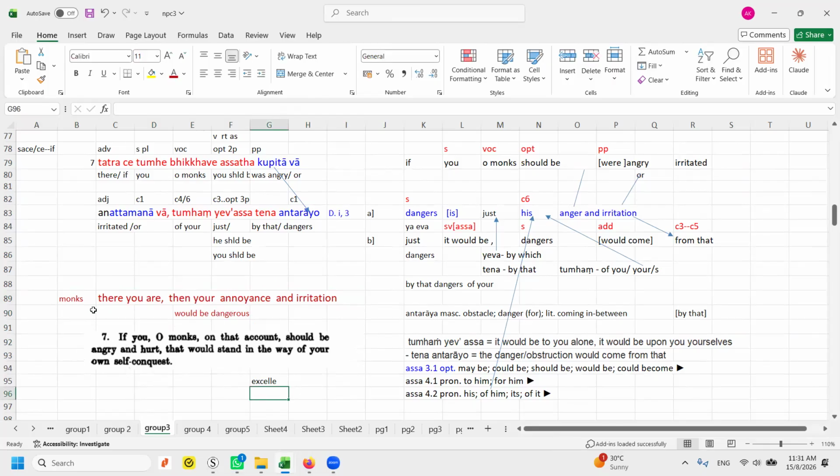If we do this it is even easier because you are talking about Kupita and Atamana. And then this is Kupita, and this is Atamana, and this is Antarayo, and this is Asa, and then it would be. So would be, and then the plural is mentioned there. So this is the shortest.